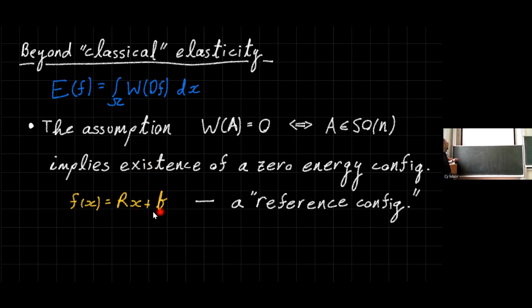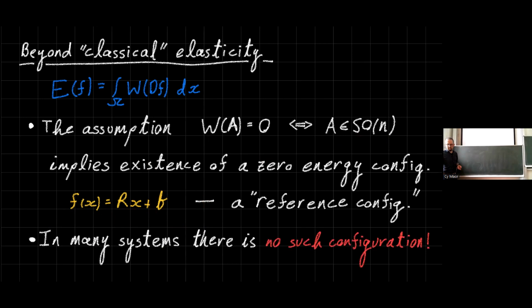Basically, if you have a global rigid motion, it has zero energy. So it is a reference configuration. And this assumption that you have a reference configuration is very basic. It's what you typically linearize about, and so on and so forth.